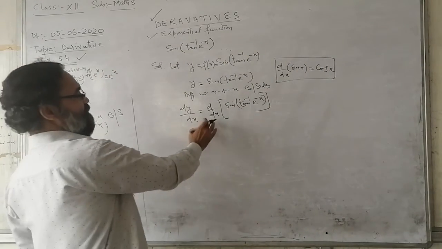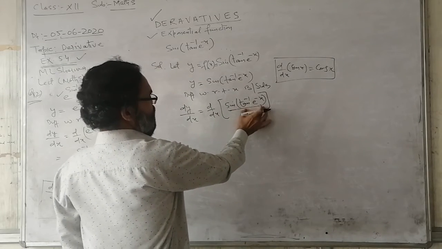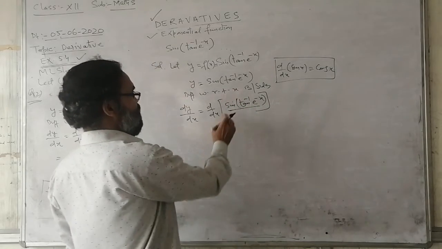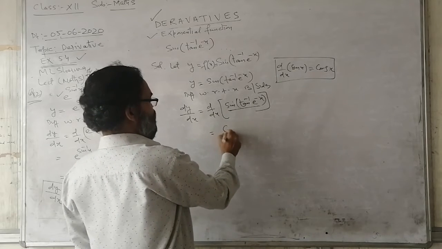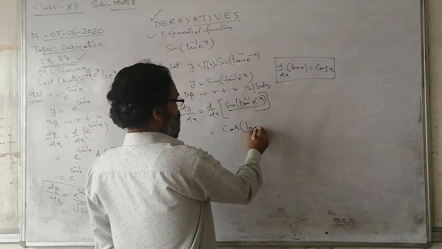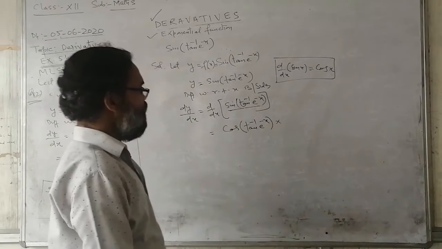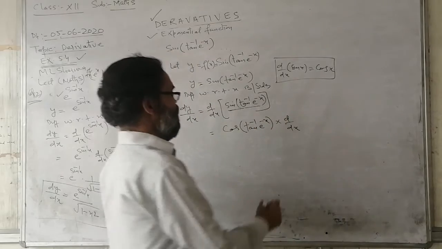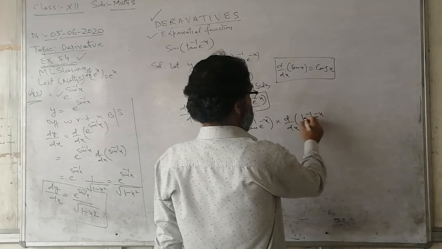So here I will differentiate this. So it is sine, and consider this whole as x. So it is sine of x. So this will equal to sine, its derivative is cos of the same angle, tangent inverse e raised to minus x, into derivative of this angle, that is d upon dx of tangent inverse e raised to minus x.